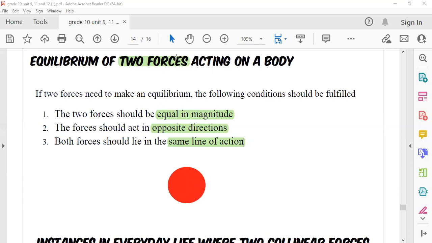To show that, we will draw a diagram here. Here there is an object. On this object, in this direction, say a 100 Newton force works. Another 100 Newton force should work in the opposite direction. I am drawing it like this to catch the point.